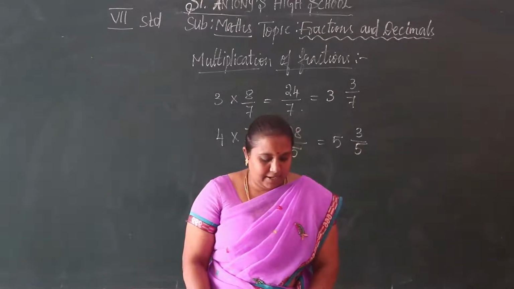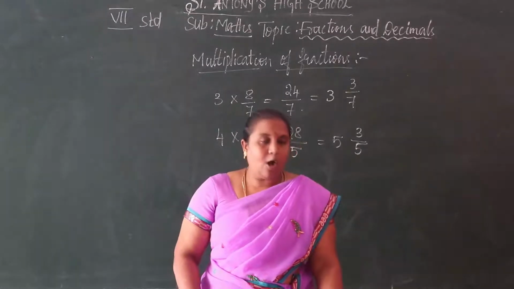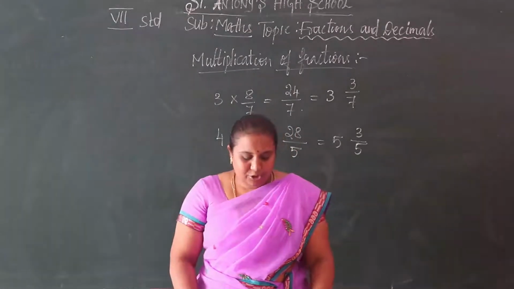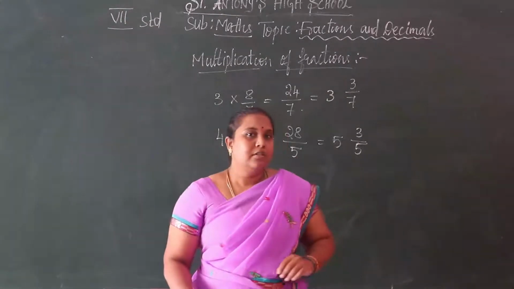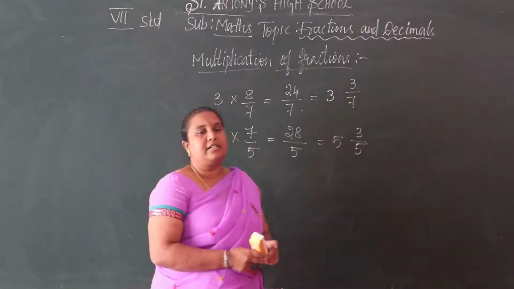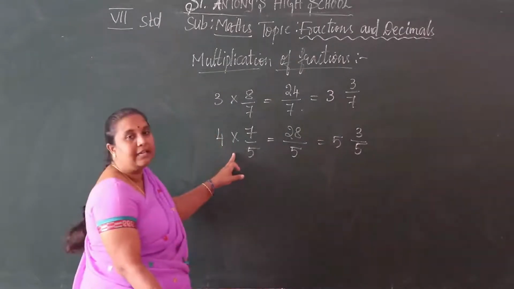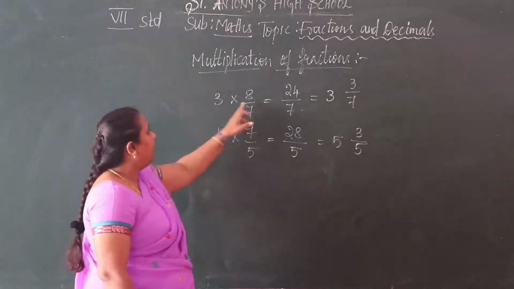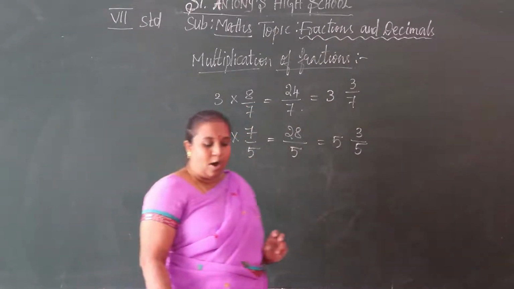So example 5. Before that, we can say fraction as an operator of. Fraction is an operator of, given by the word 'of'. So we can write a fraction in the form of 'of'. See here, we can have examples like 3 into 8 by 7 and 4 into 7 by 5. This is the operation.